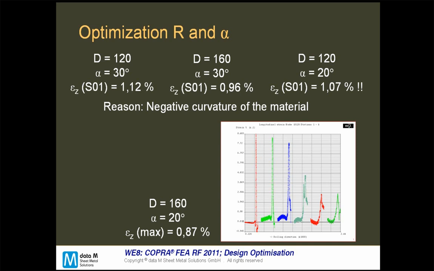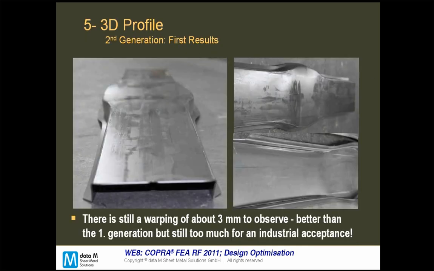So the Copra FEA will help us also develop brand new strategies and try out different things. And DataM, for example, is proud to show this kind of 3D profiles in which the cross section varies along the length, or it can vary also in the depth.